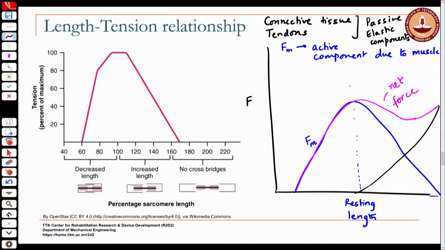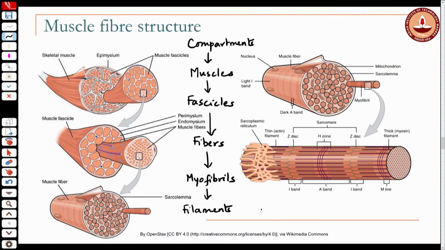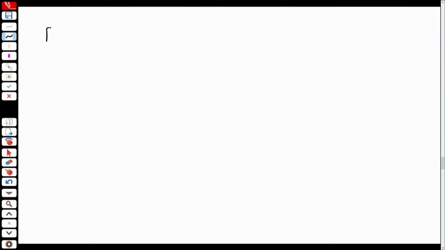In most normal activities, we will be operating in the central zone. But in some muscles you will find that we operate at the extremes. So, biarticular muscles are where the passive tension starts to make a difference.